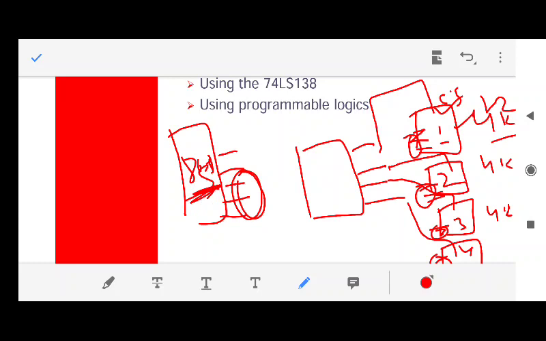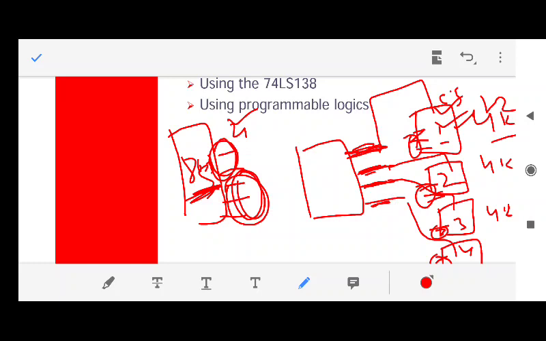Now how to enable these lines? Because when you enable this line, it will select that particular chip. These address lines are already occupied. You have 4 remaining address lines. So out of these 4 remaining address lines, you need 4 lines to select the chip. Fine.